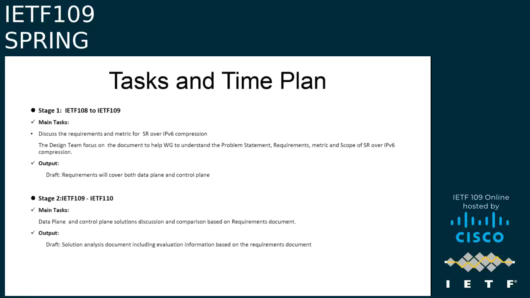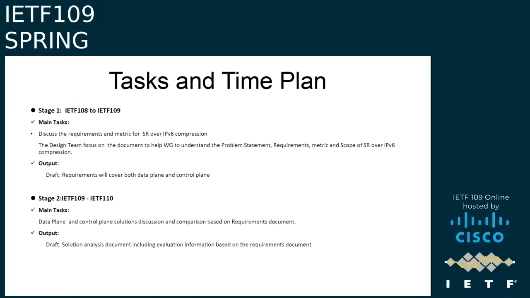So for the timeline, currently the design team has a two-stage plan. The first stage is during IETF 108 to IETF 109, and we hope to output a requirement draft.